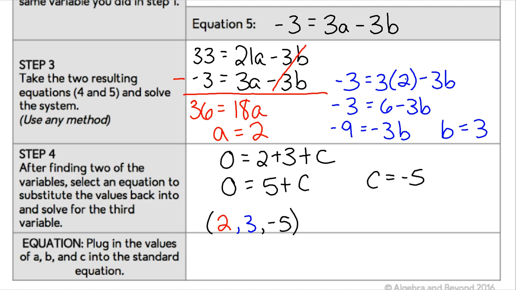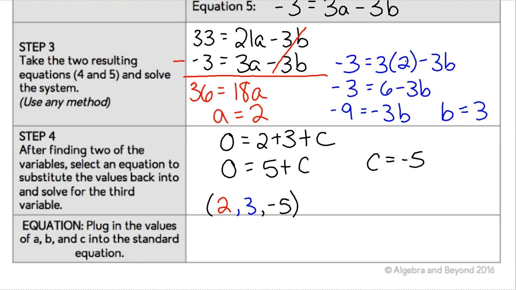So now I have my a, b, and c values. And remember, our goal with this was to figure out the coefficients of our quadratic. So writing that equation in standard form is going to be y equals 2x squared plus 3x minus 5.